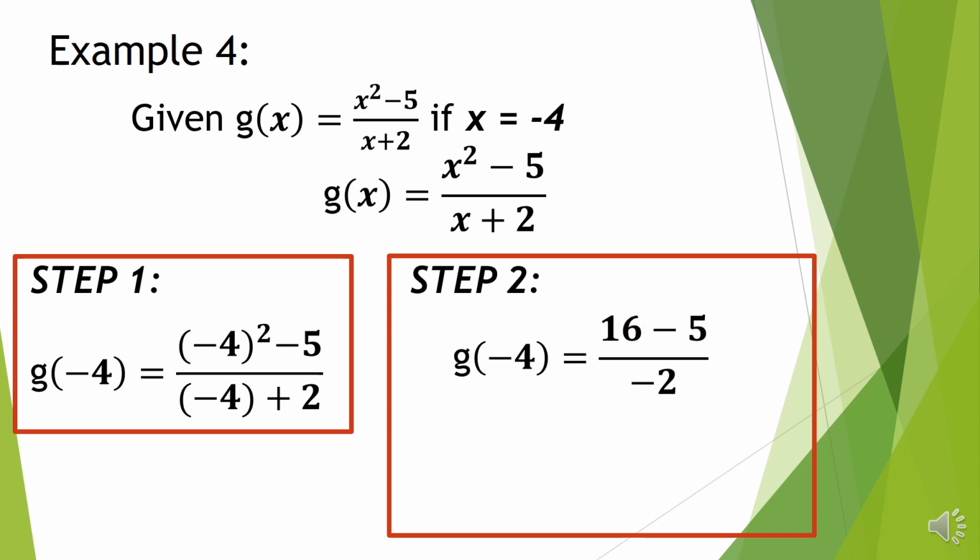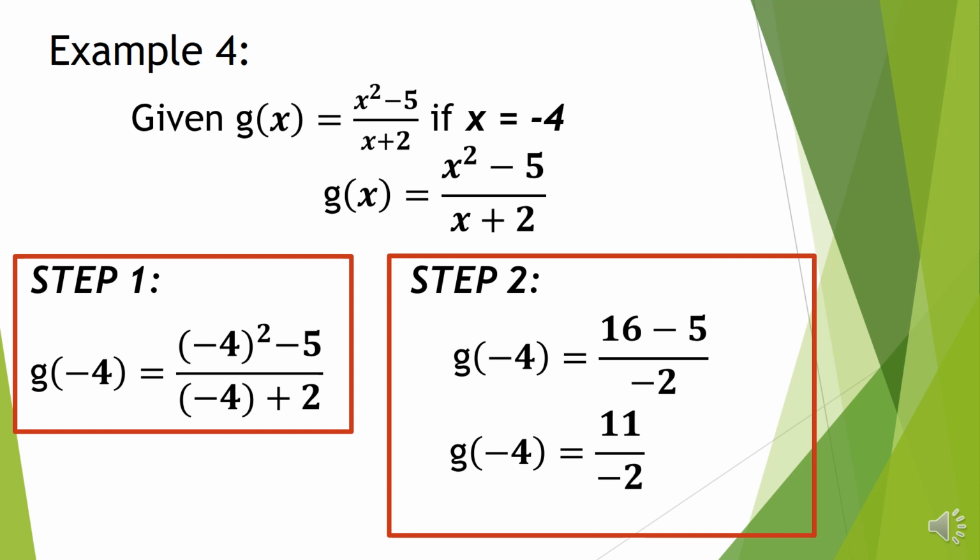And negative 4 plus positive 2. So the result is negative 2 in the denominator. Then 16 minus 5 is equal to 11 over the denominator negative 2.